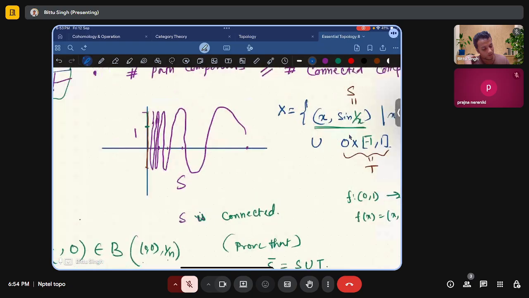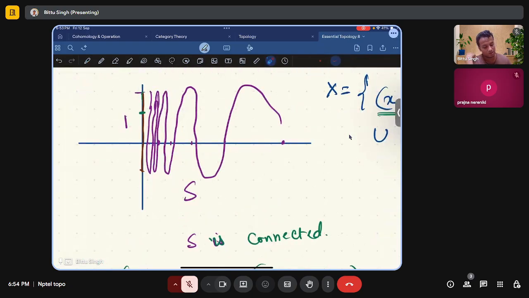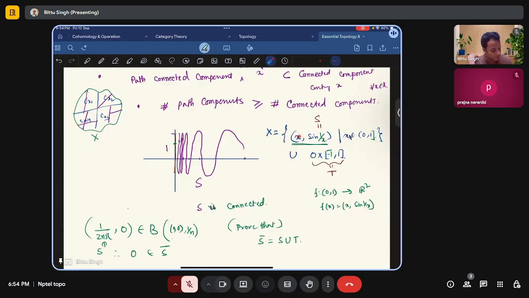the number of path components, intuitively you can see that you cannot connect this y axis part with this sine curve, because the origin, that is x equal to 0, that value is not included. So choose a point, that is the origin, from this 0 cross minus 1 comma 1, and choose any other point from this sine curve. Then it is clear whatever path you draw, you cannot connect those 2 points.